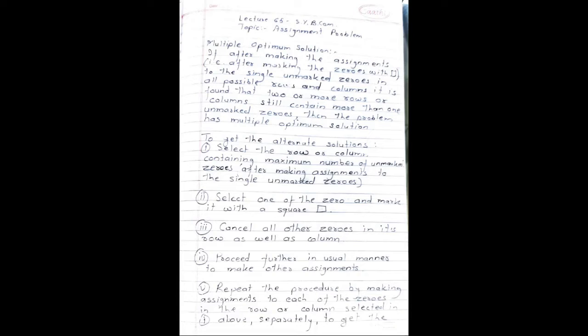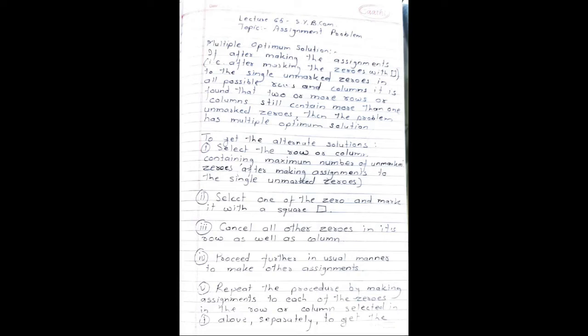To get the alternate solutions, first step, select the row or column containing maximum number of unmarked zeros after making assignments to the single unmarked zeros. Second step, select one of the zero and mark it with the square. Third step, cancel all other zeros in its row as well as column.